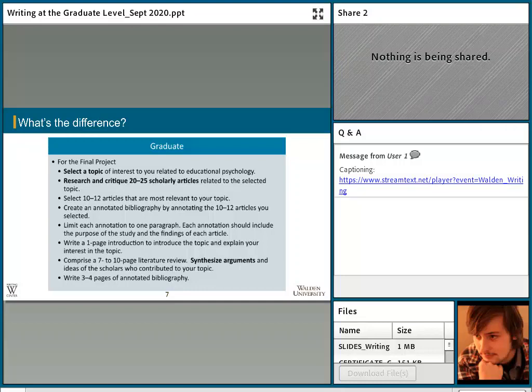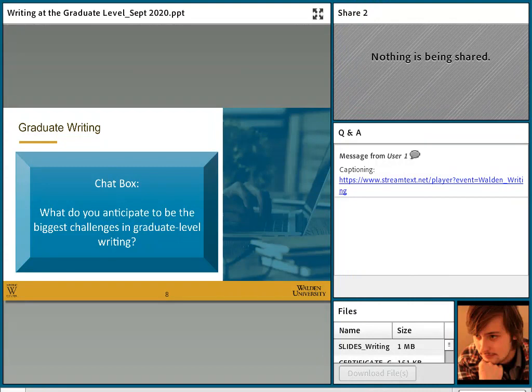It's more about application than it is about demonstrating your understanding, is really the bullet point that I would like to drive home here. You're choosing a topic, you're doing your own research, as I mentioned, and you're synthesizing sources. These are again some of the foundational elements of graduate writing.